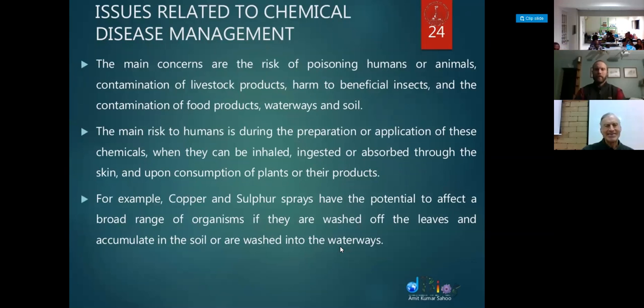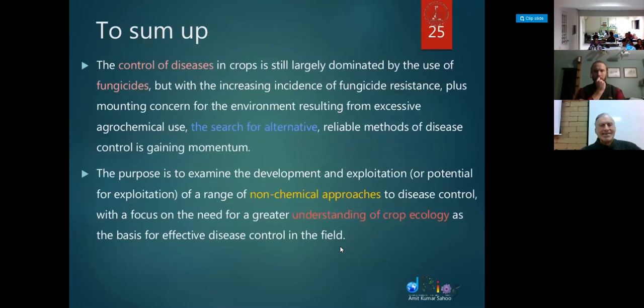Yeah, so here talks about the risks of using chemicals, and we probably don't have to go into that. So to sum up, the control of diseases in crops is largely dominated by the use of fungicides, with the increasing incidence of fungicide resistance plus mounting concern for the environment resulting from excessive agrochemical use.